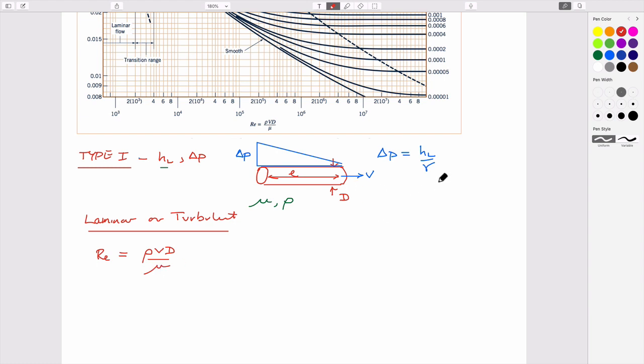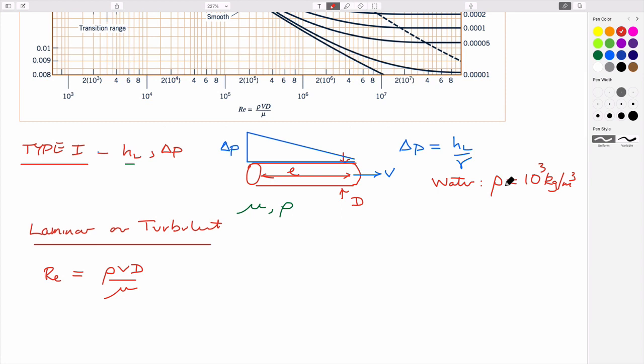So typical numbers for these for water would be something like density we know. Make this bigger, I suppose, right? And viscosity is of the order of 1.2 times 10 to the minus 3 Pascal seconds, but let's not worry too much about that. Something of this order. So we have that.